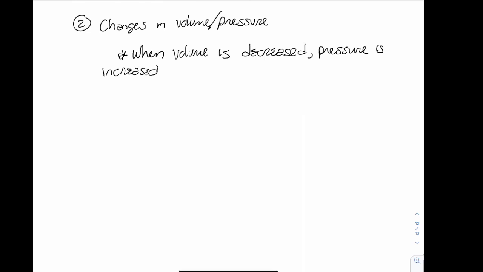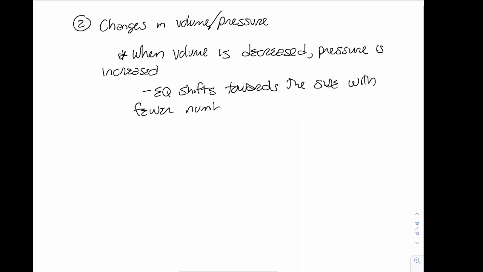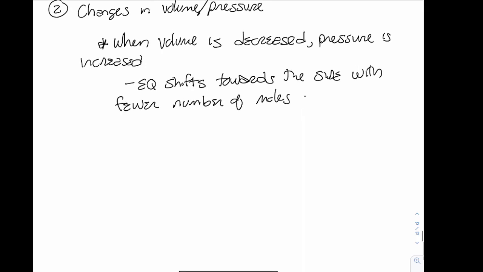And again, this is only for gases. Equilibrium shifts towards the side with fewer number of moles. Fewer number of moles of gas.